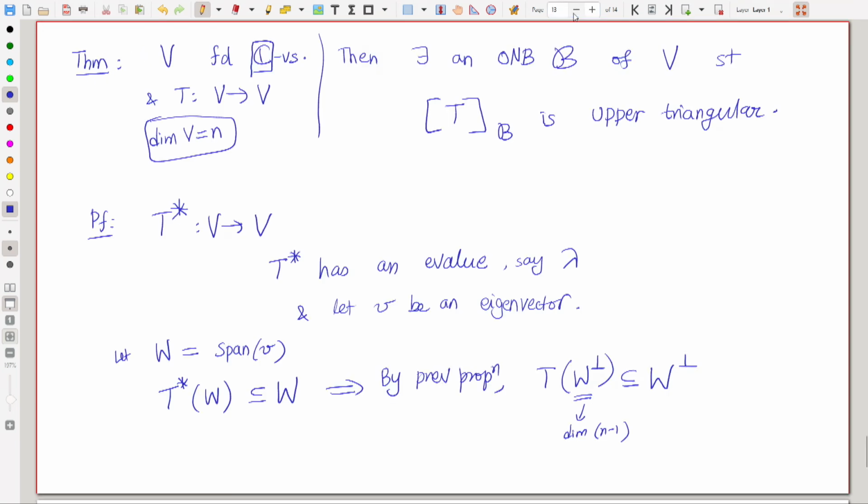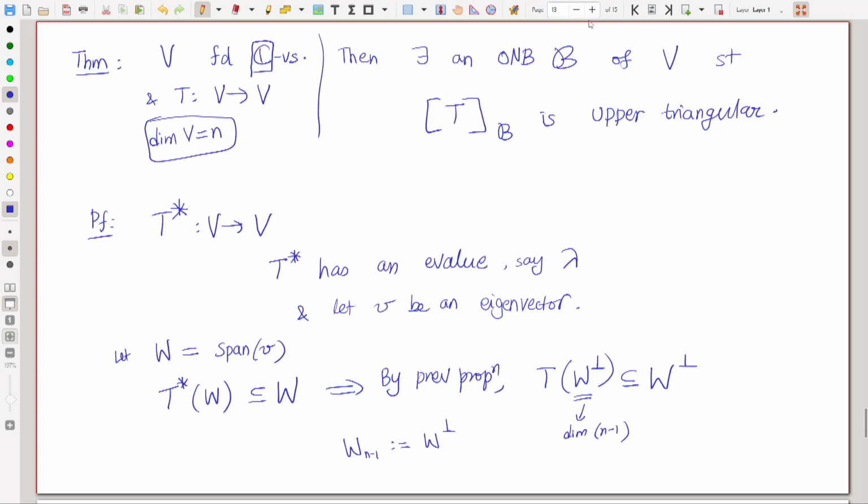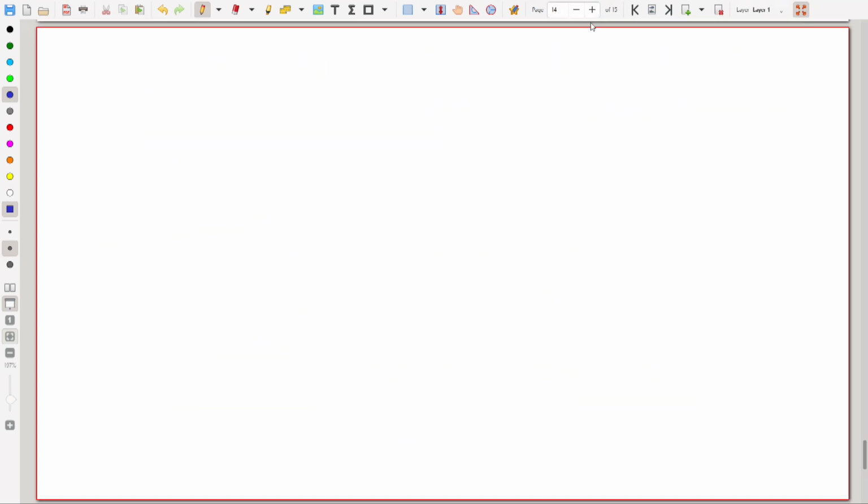Let's not call it W. Let's call this subspace W sub n minus 1. I have got an n minus 1 dimensional T invariant subspace. So that is my point here. W n minus 1 is also T invariant.